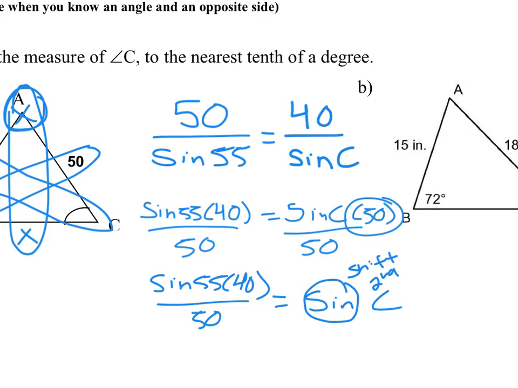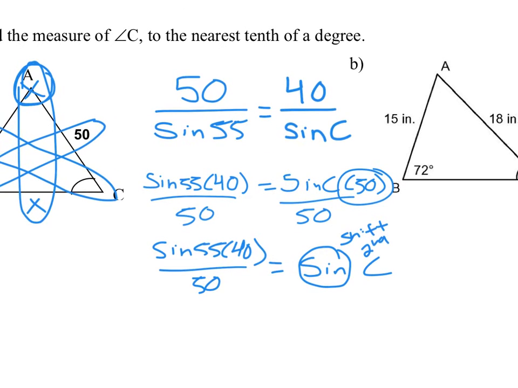Now, there's multiple ways of doing this. If you have a two-line calculator, this is the easiest way to do it. So follow along because you have to be able to do this on your calculator. You're going to type in sine 55. That's the top, right? Sine 55. Press equal. Let your calculator tell you what sine 55 is.